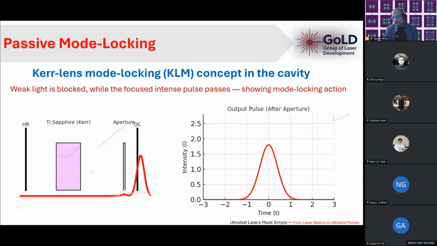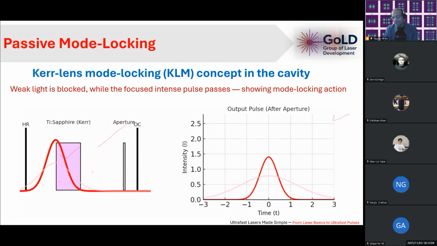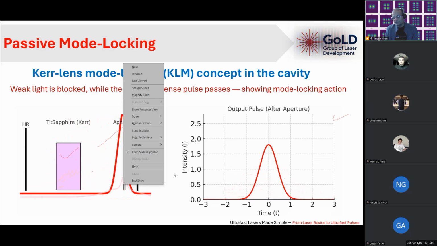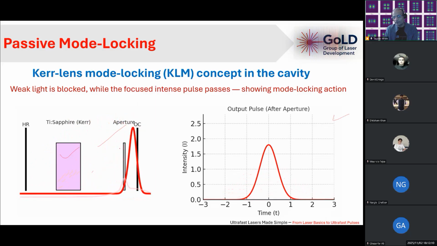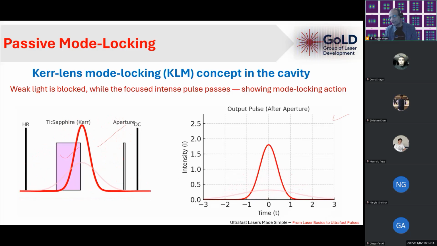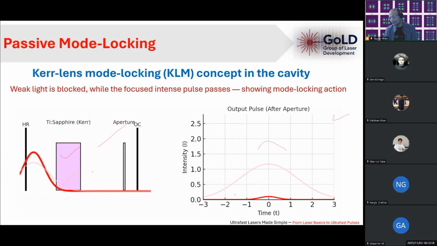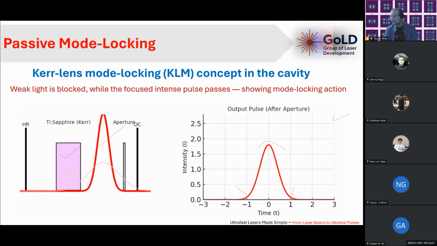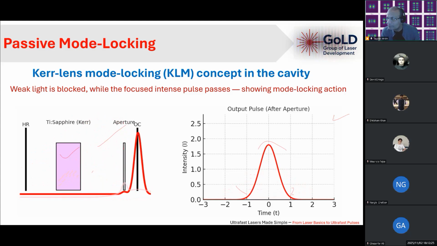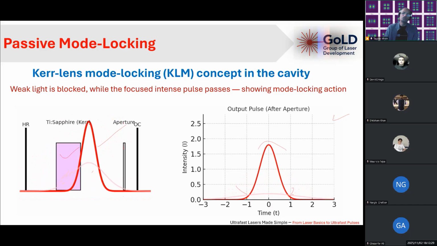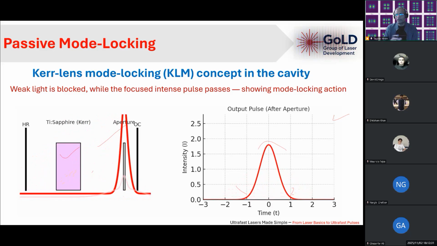This is a low intensity pulse, which is blocked by the aperture. And the intense one passes through, which is the mode-locked pulse. Same thing here. The intense one is dominant, and the weaker pulse fades out, extinguished. So this may help you to understand.